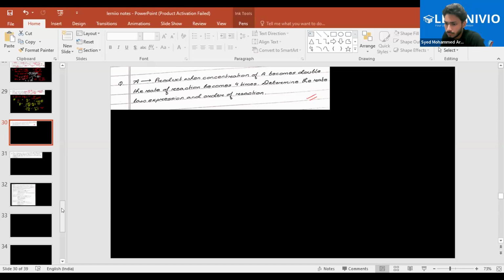Hmm? R is equal to K into A raised to 2. Okay, let's see.